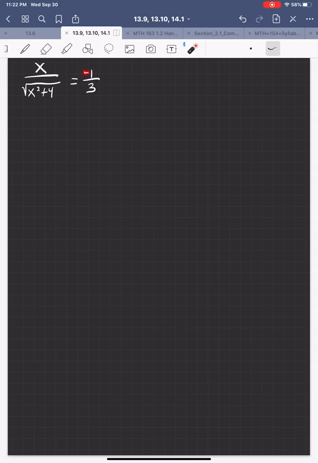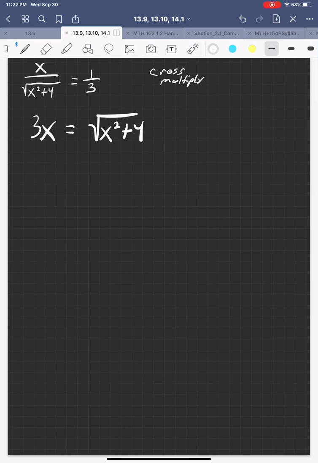So basically what I'm going to do is 1 times the square root of x² + 4 and set that equal to x times 3, right? So I'm going to cross multiply. All right, so that ends up giving me 3x is equal to the square root of x² + 4.